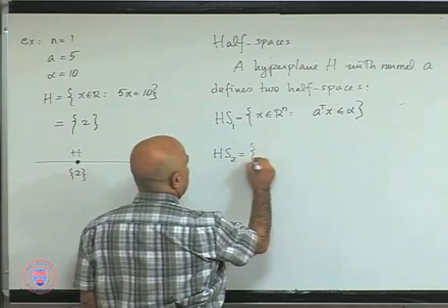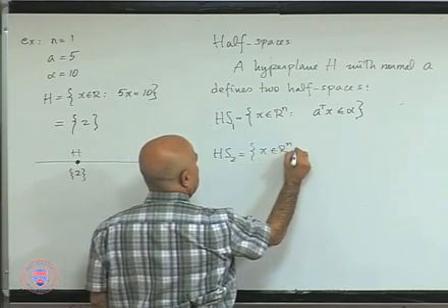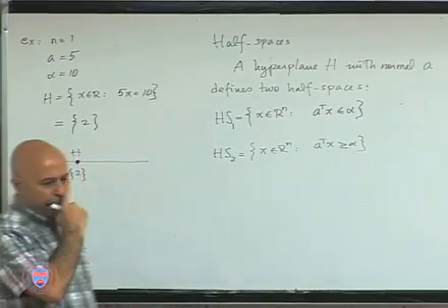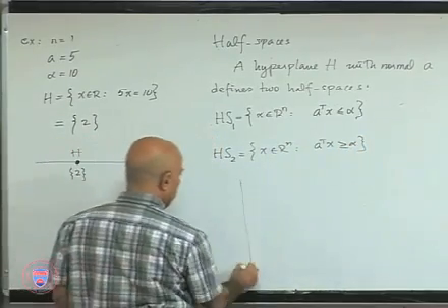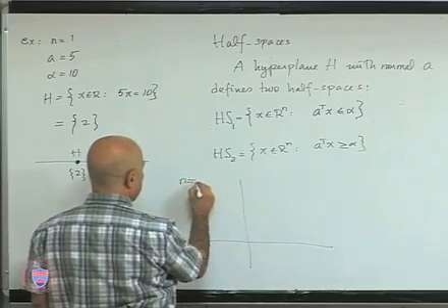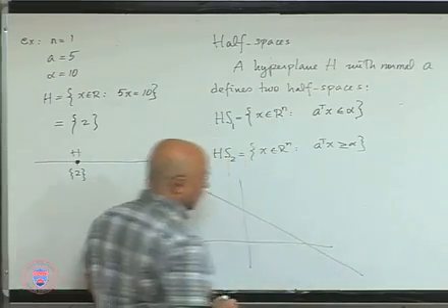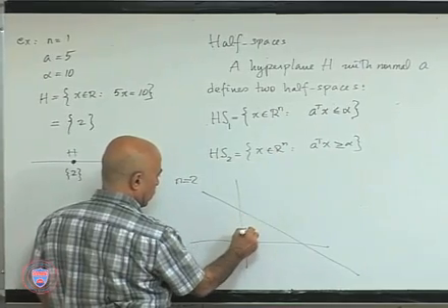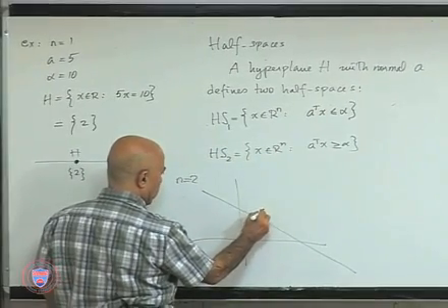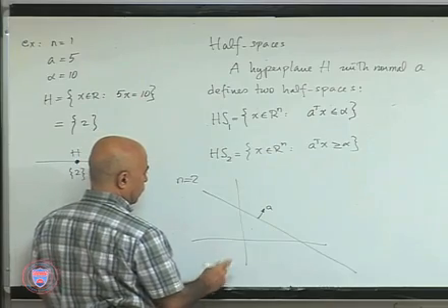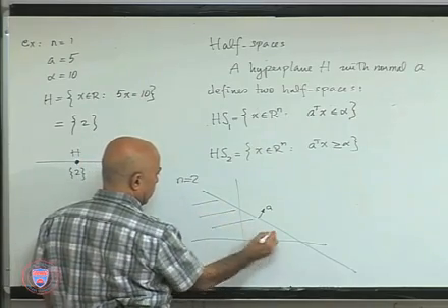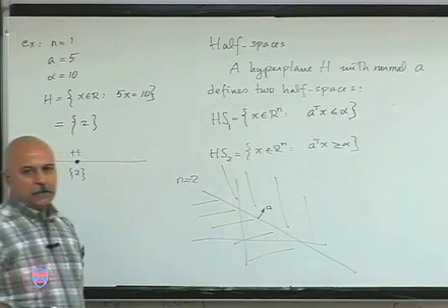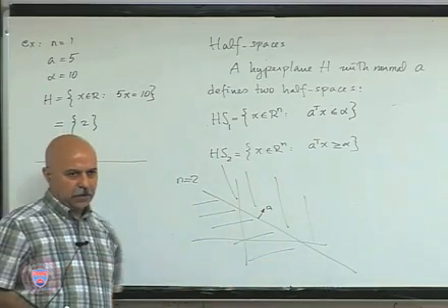The second one is the set of points x in Rn such that A transpose x is greater than or equal to alpha. So in the previous example, for n equals 2, with the normal perpendicular to the hyperplane, you've got one half space here, the other half space is here. Each half space contains the line as well.